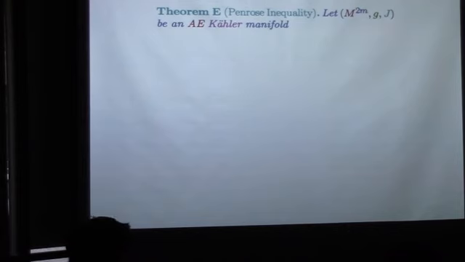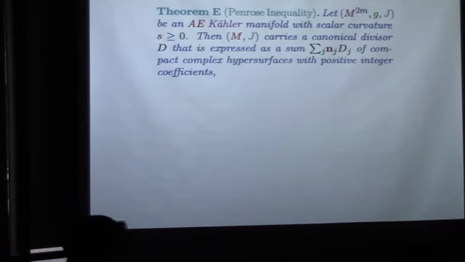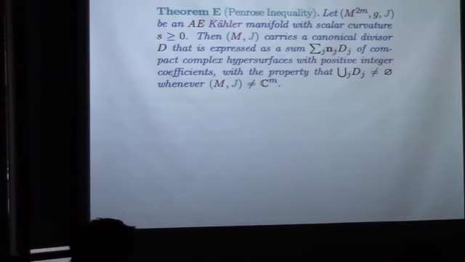So if you take an asymptotically Euclidean Kähler manifold with non-negative scalar curvature, it contains a divisor, a finite union of compact complex hypersurfaces, with integer coefficients, such that if this divisor is empty, your manifold is C^n. If it's not C^n, there is at least one component of this divisor.